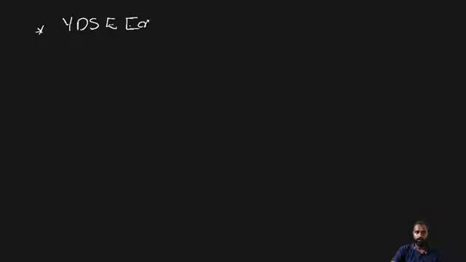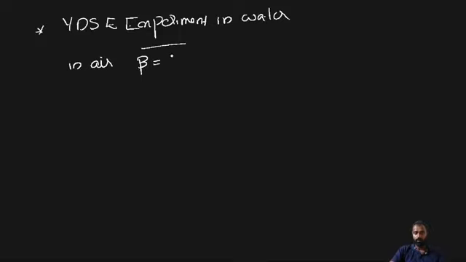And in JEE, we can get a question like this: YDSE experiment in water. In air, we get fringe width beta, which is lambda D by d.